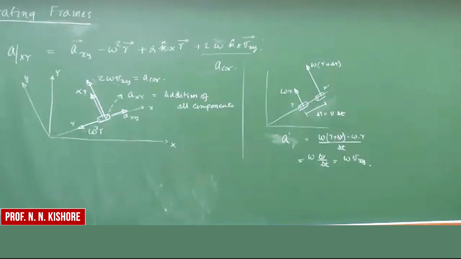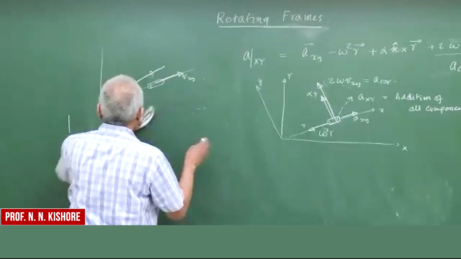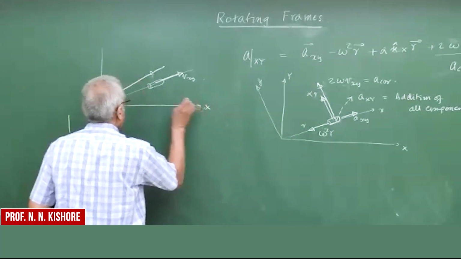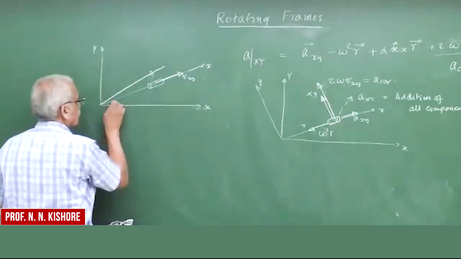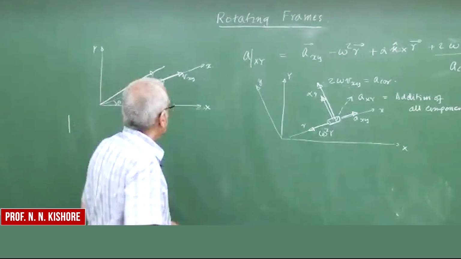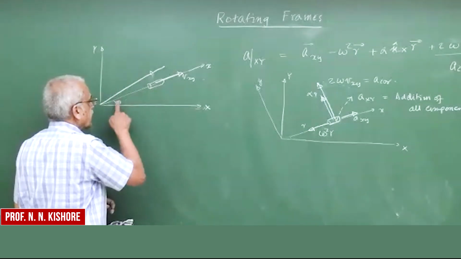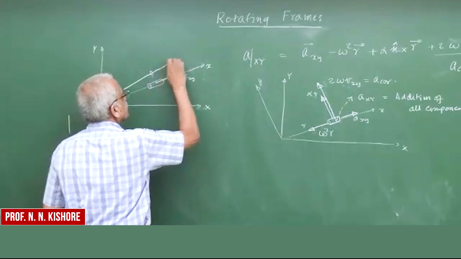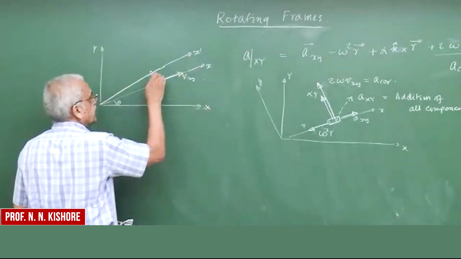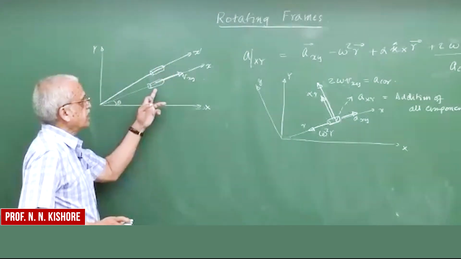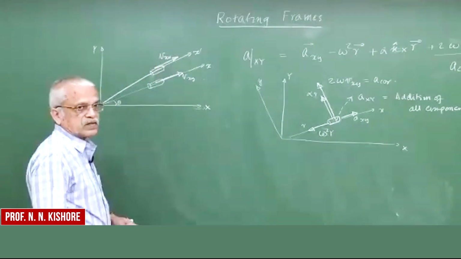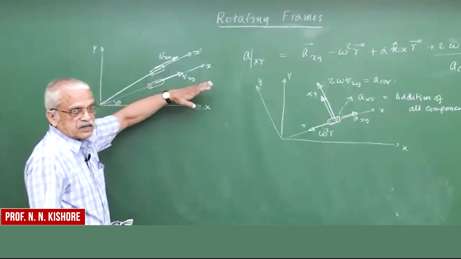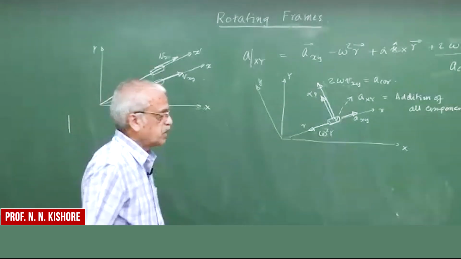Because of omega, this X has now rotated to an X prime, and in that process the velocity of the slider is changing direction.